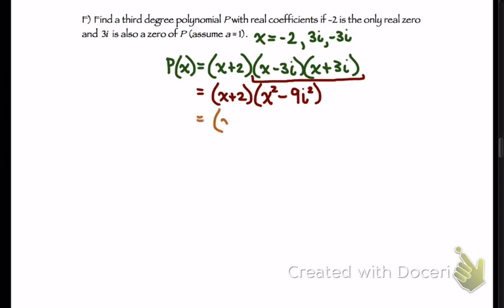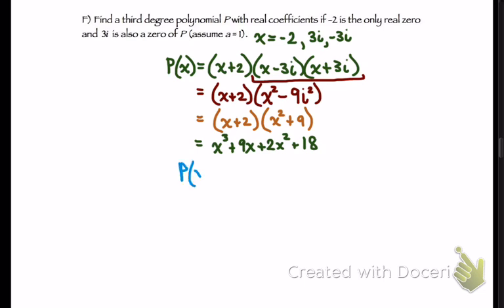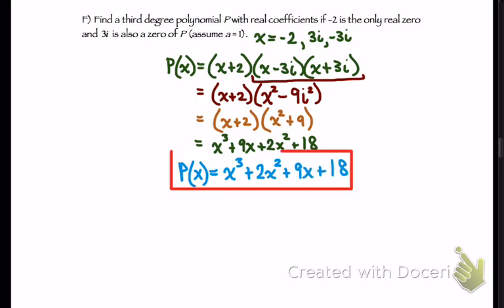I know that i squared is equivalent to -1, so this basically says -9 times -1, which is +9. Let's FOIL that from there. First, outside, inside, last, and then let's do a little bit of cleanup. And voila, there is my answer.